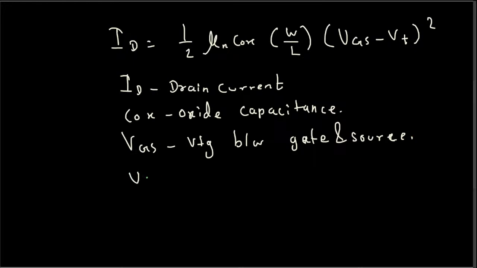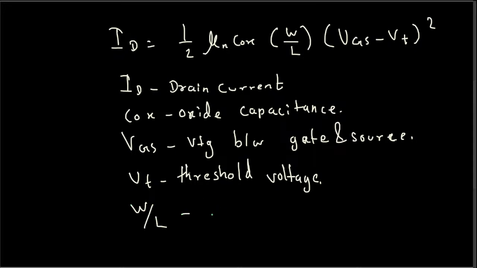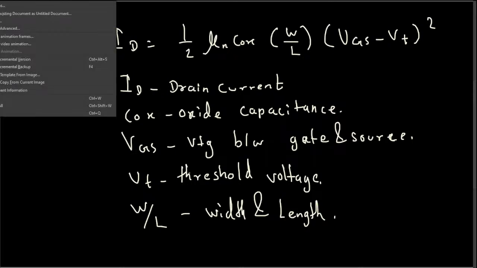And the VT is the V threshold voltage. And W over L is the width over length ratio. Okay, and that's about ID current.